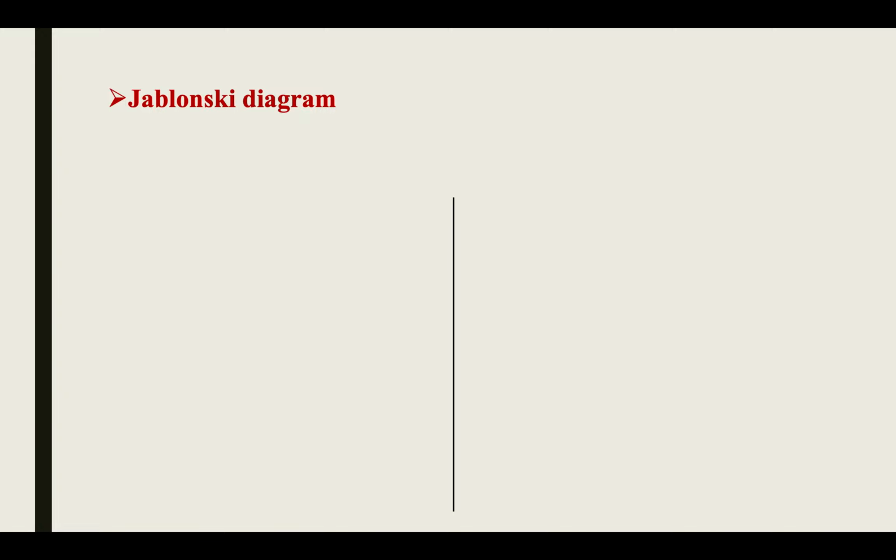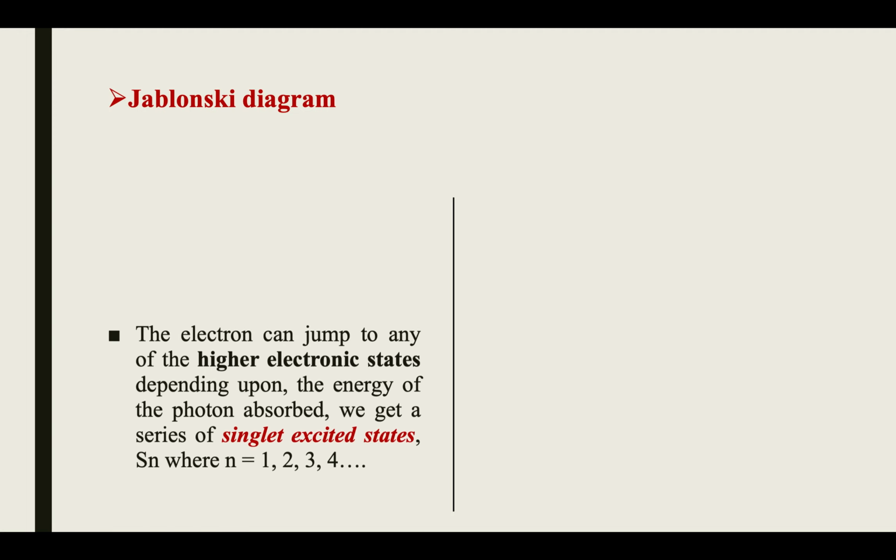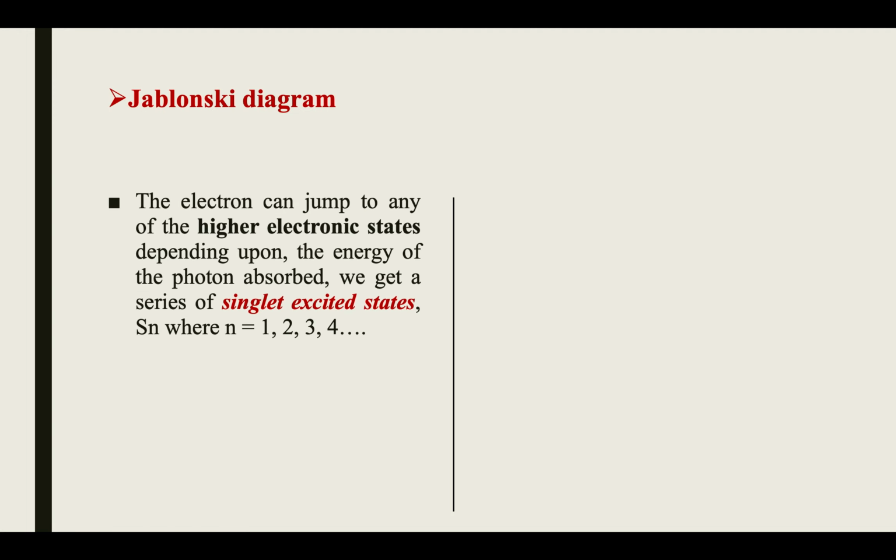Jablonski is the name of the scientist who described the absorption and emission of radiation in a molecule. The electron can jump to any of the higher electronic states depending upon the energy of the photon absorbed.